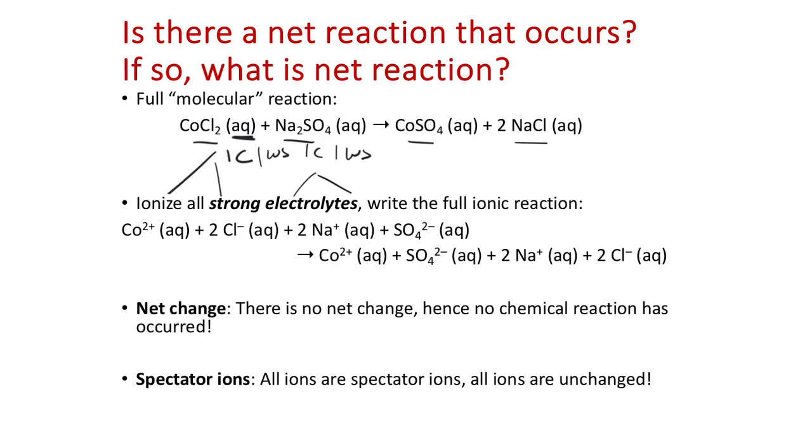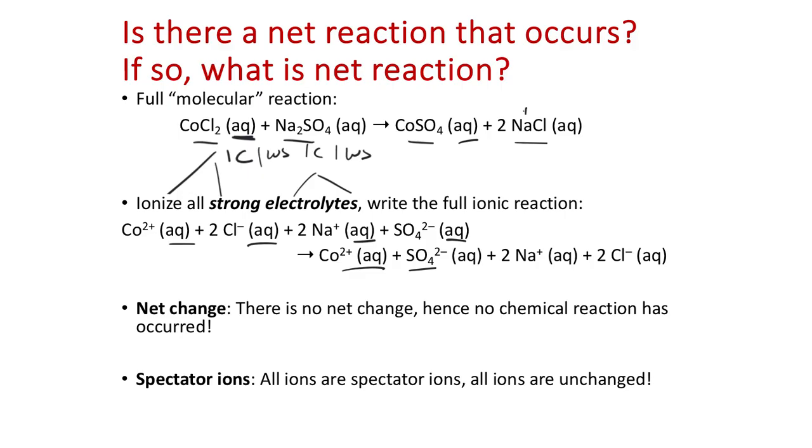And the AQ tag, again, just for water soluble, means each of those ions is individually surrounded by its own little water sphere. So the reactant should always be a collection of cations and anions. And then the question is, do any of them pair up and form that solid that leaves the solution? When I think of cobalt sulfate, AQ, ionic compound, water soluble, it's also ionized as cobalt and sulfate ion.